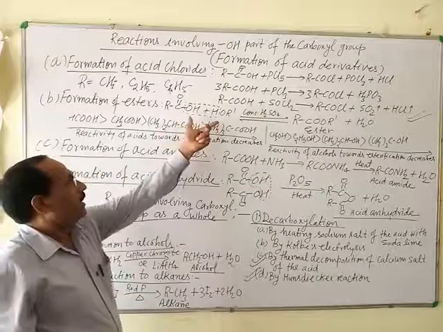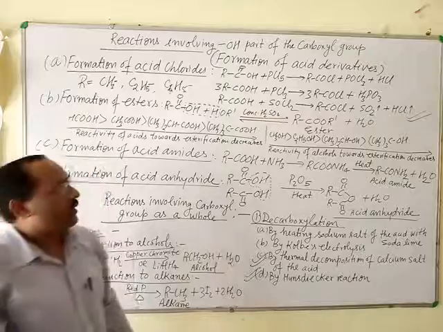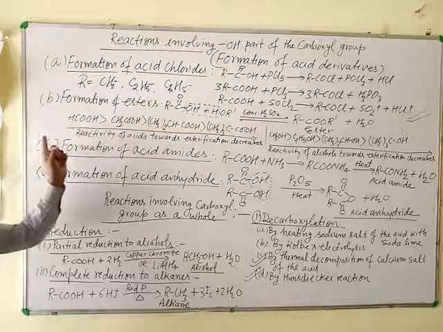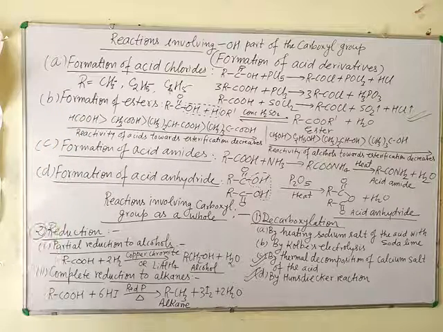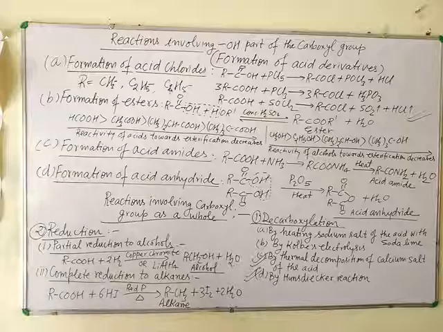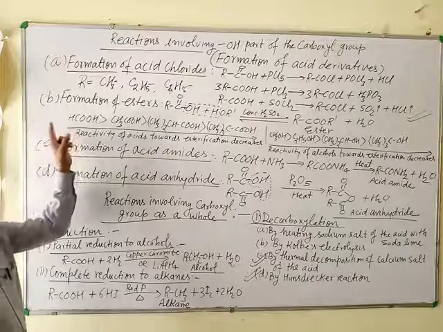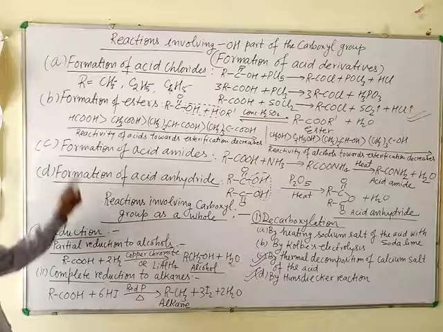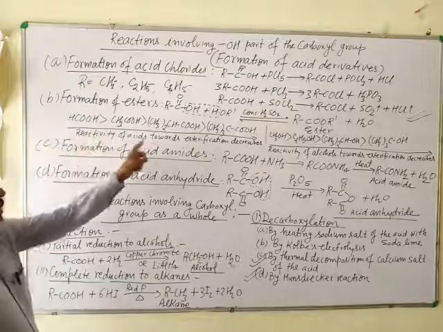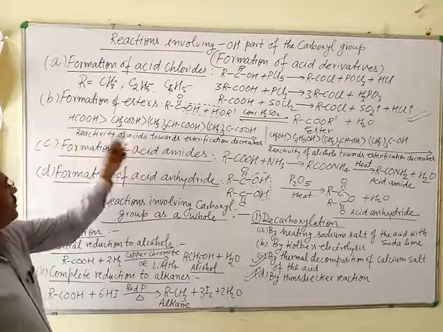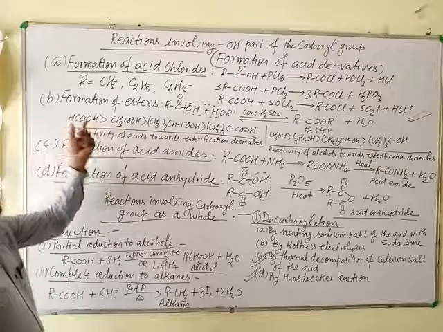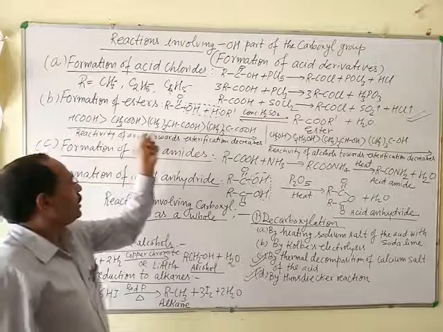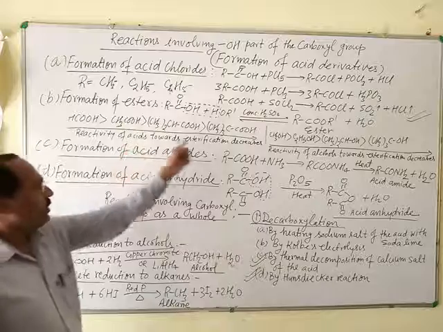As the values of R and R dash change, different esters are formed in this reaction. The rate of formation of ester, that is, the rate of esterification, depends on the structure or nature of the carboxylic acid as well as the structure of the alcohol. The rate of esterification varies in the same order: formic acid is esterified more rapidly than acetic acid, and the rate of esterification decreases in this order.